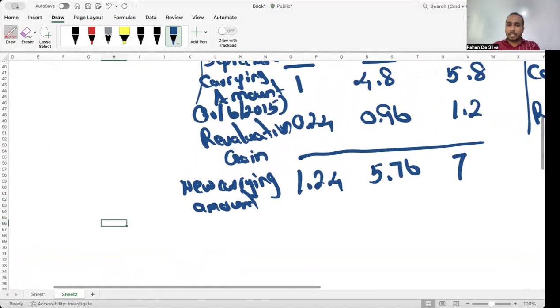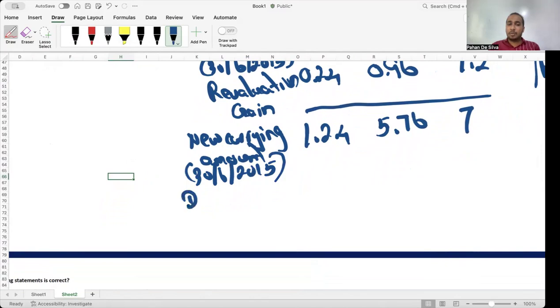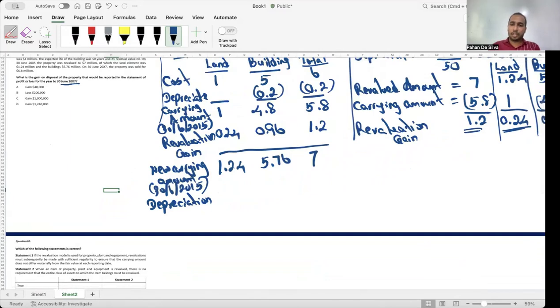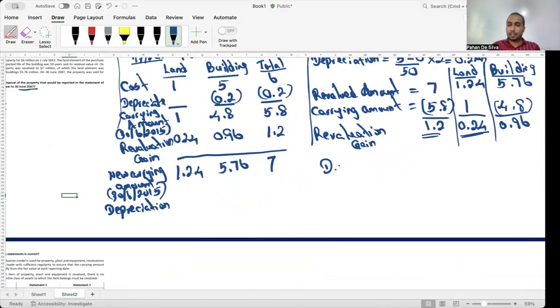Now we know the new carrying amount on 30th June 2015, after the revaluation entries. From this we have to deduct the depreciation in respect of the building. So what is the depreciation amount? Now please be very careful when you are calculating the depreciation.